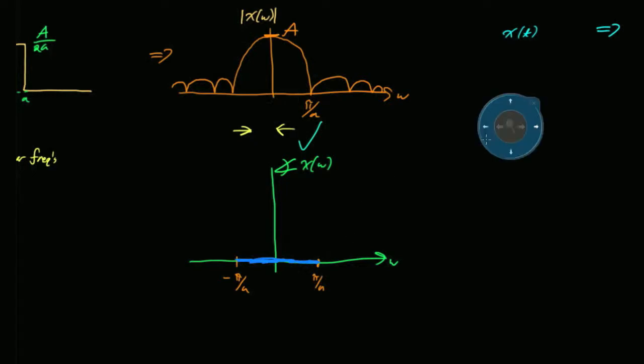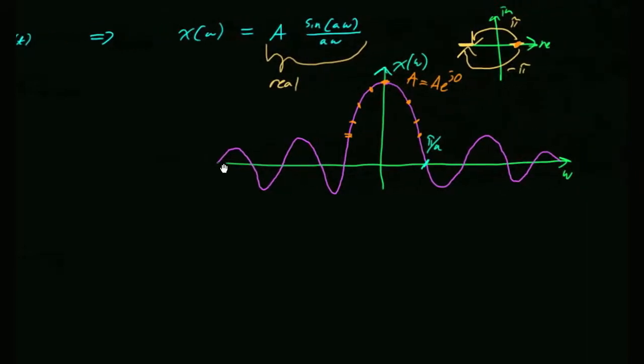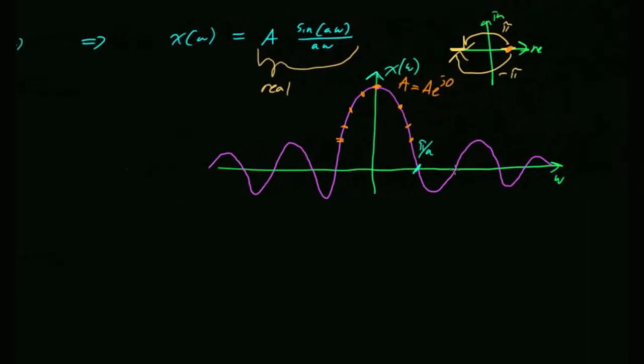Now let's focus on the phase angle of x of omega in this interval between pi over a and 2 pi over a. Now what am I going to have? I've got essentially negative real numbers. And we've just argued that a negative real number has a phase angle you could either say pi or negative pi.